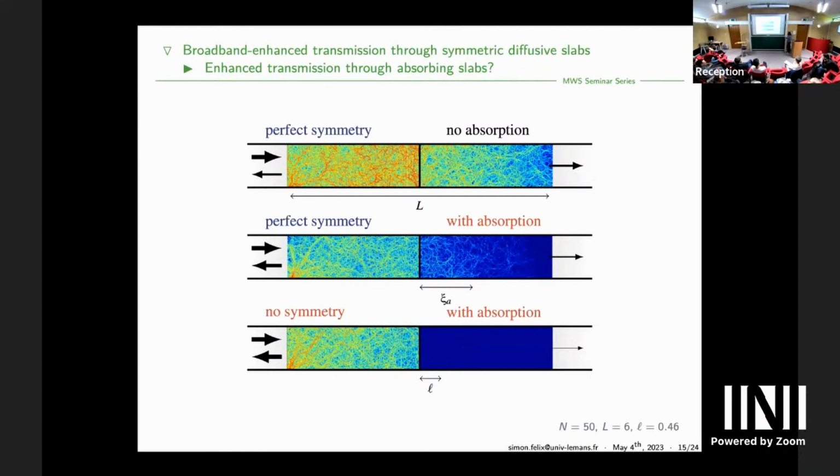And now, if I have no symmetry and absorption, I could play with the color map, but clearly it goes very rapidly to zero. And what I see here is that the wave is concentrated in the left part, and there is almost no transmission.